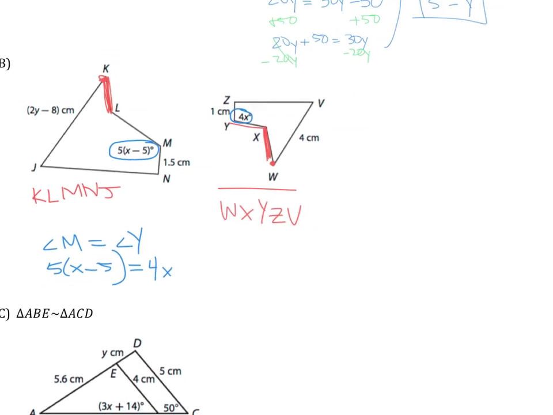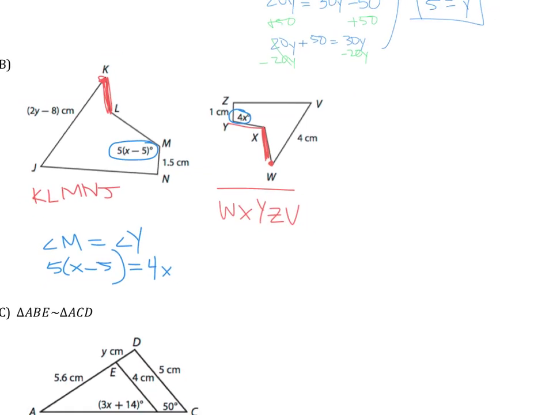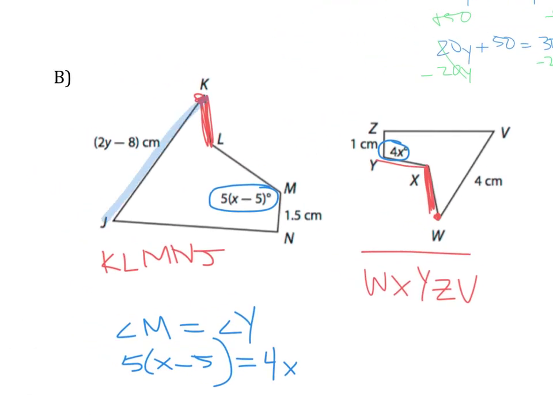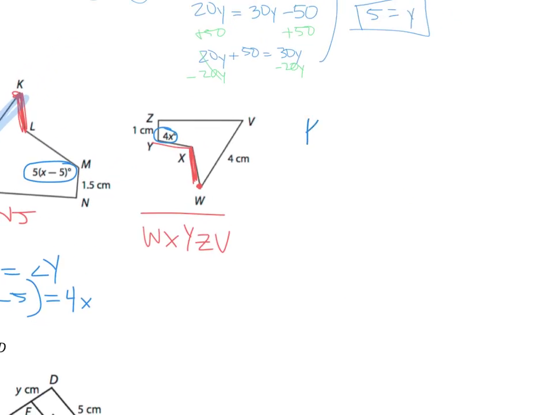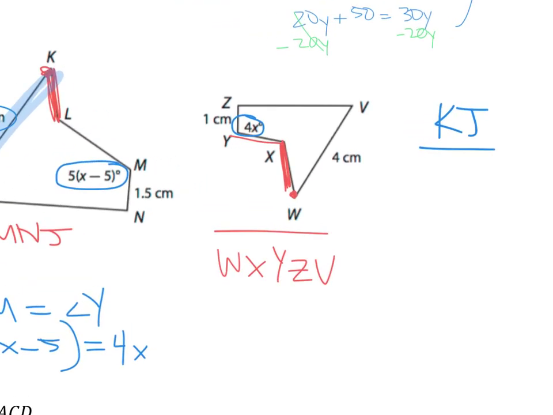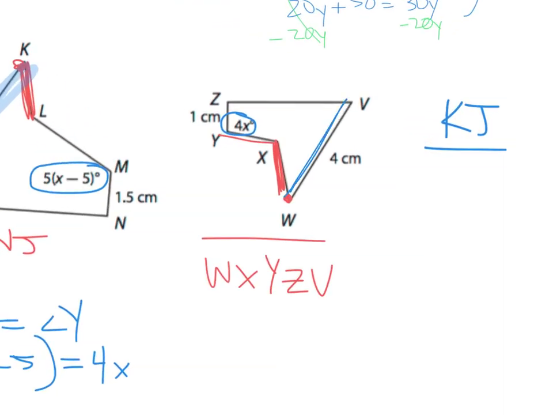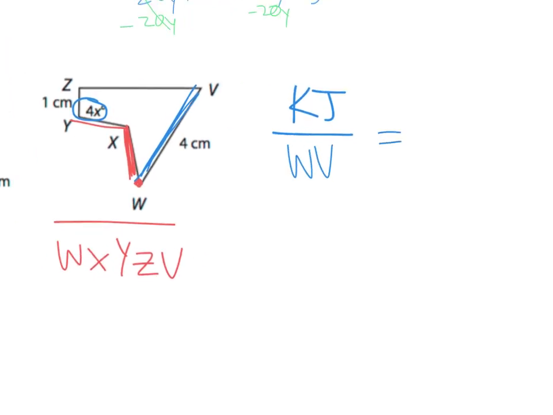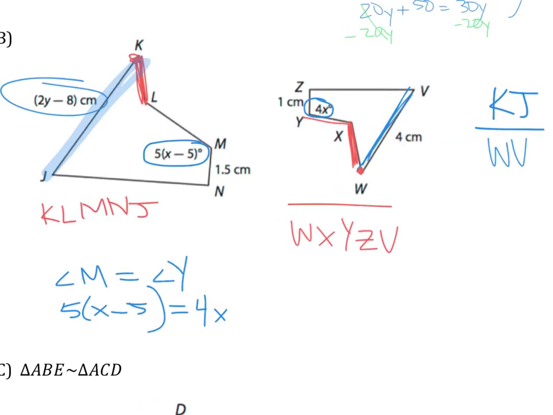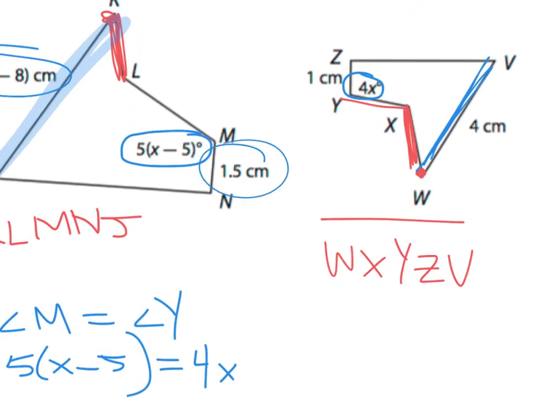And then to help you set up a proportion, again, look for sides that they give you. In this case, KJ has 2x minus 8. So we're going to use KJ. And KJ is that long side, so that's going to correspond with WV. And the other one it gives us is MN.